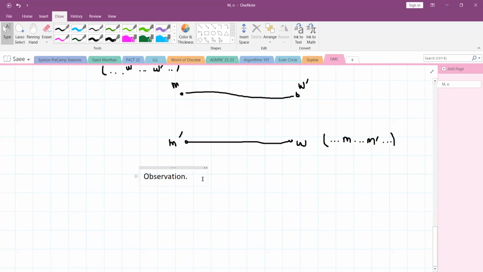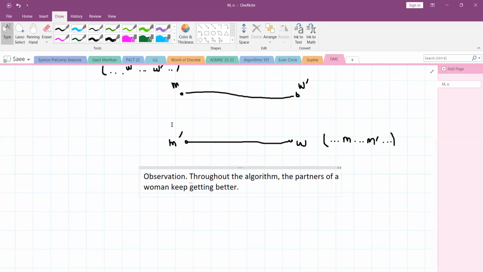So this tells me something nice: throughout the algorithm, the partners of a woman keep getting better. Let's see if this statement makes sense, right?